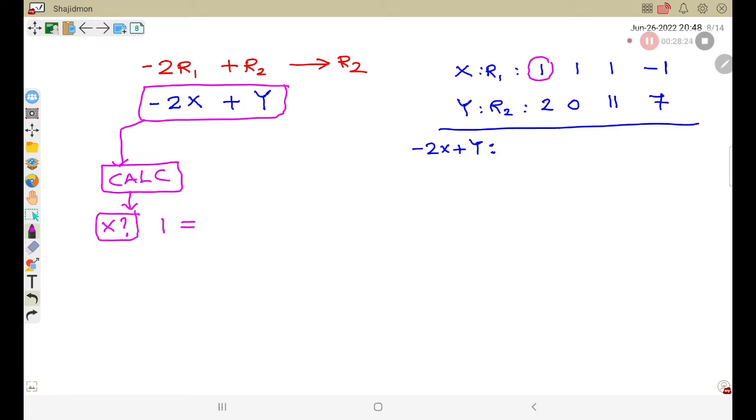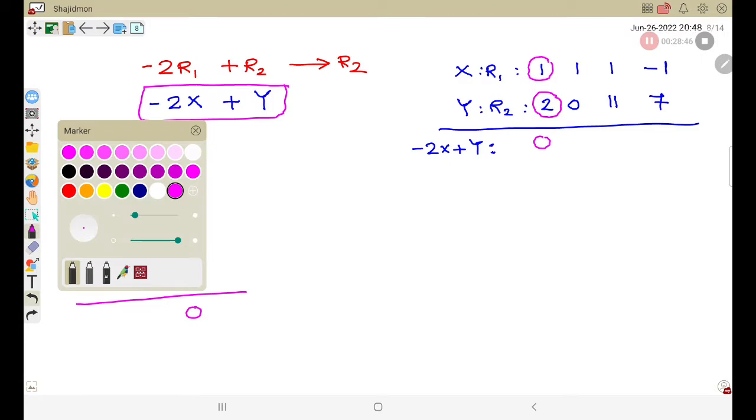The calculator will ask what your Y number is. Y means the second row number, 2. Press 2, then equal. The calculator immediately shows 0, correct? So that is the first number here, 0.